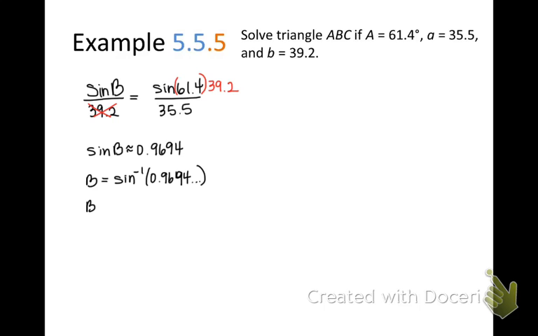I'll approximate angle B to the nearest hundredth once I've typed in the whole value. I'm getting 75.81 degrees. Okay, so I have this triangle, right?